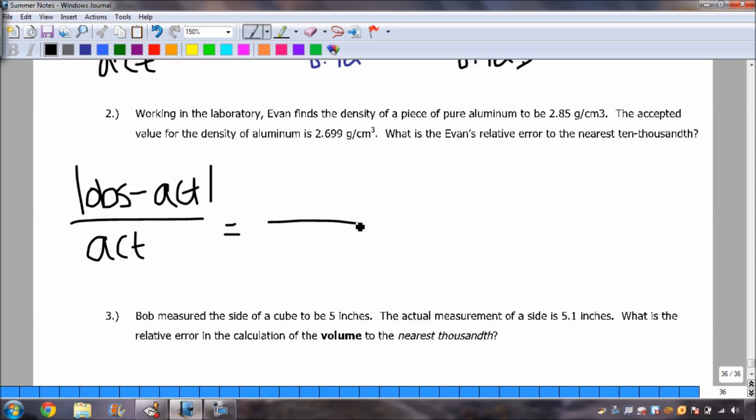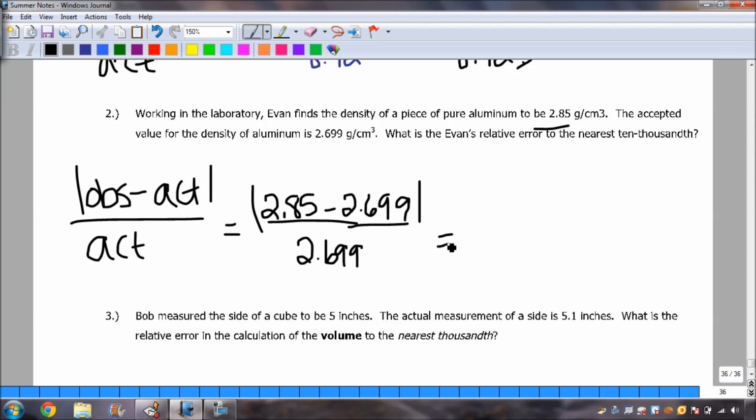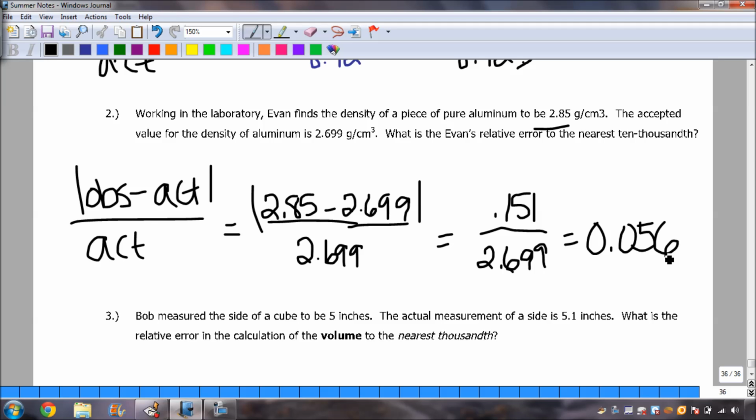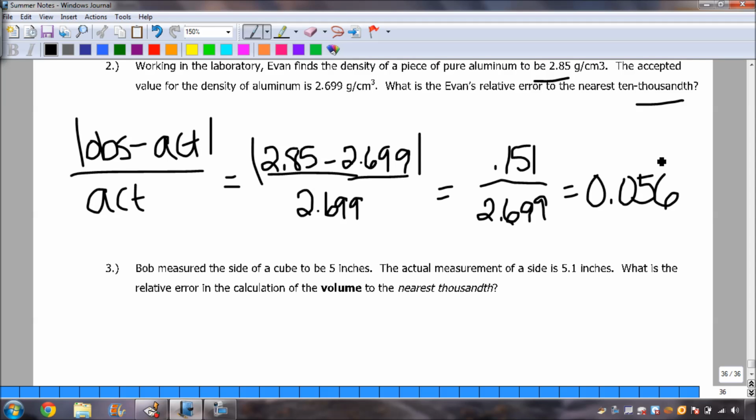In this problem, the observed value is what he got, which was 2.85, minus the actual, which is 2.699, and that's all over the actual, 2.699. So you end up getting 0.151 over 2.699, which is 0.056 rounded to the nearest thousandth. That means that he's off by 5.6%.